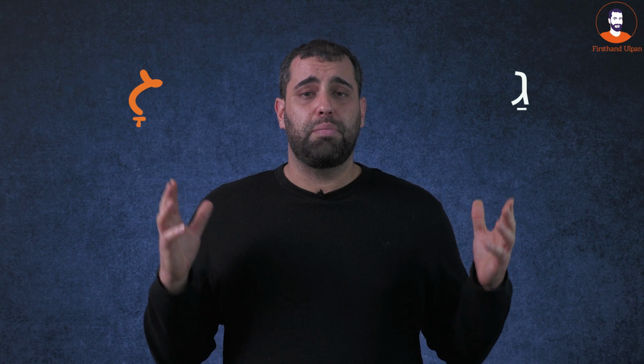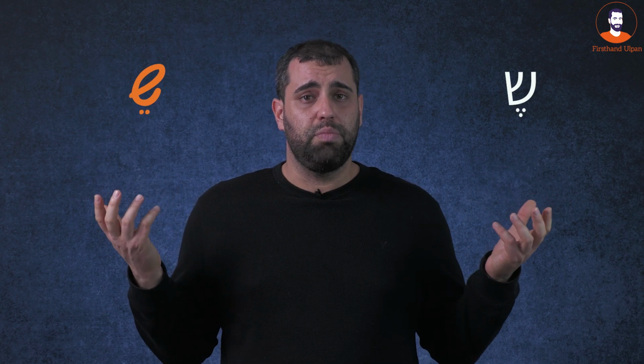Again, if I take the letter shin, for example, and I put these markings under the shin, it will be she or she. I don't care if you use this type of e or this type of e, as long as you recognize and know that both mean e. Same thing refers to a, okay? For me, at this point, it doesn't really matter if you know which is which, as long as you know that both of them mean a, and these two mean e.